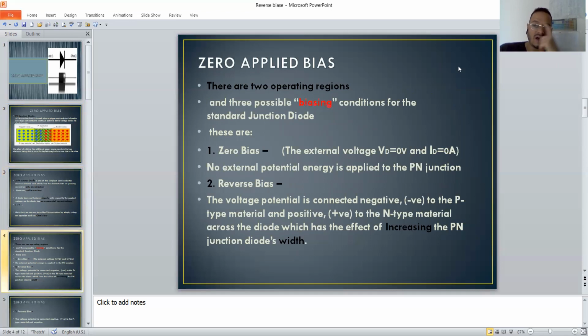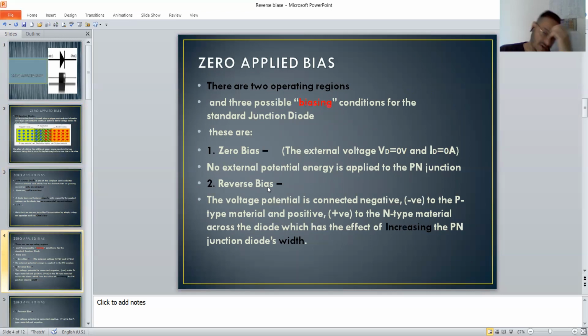Like we know, we have three kinds of applied biases. There are two operating regions and three possible biasing conditions. Zero bias, we will explain all of that and take the important information about this topic.